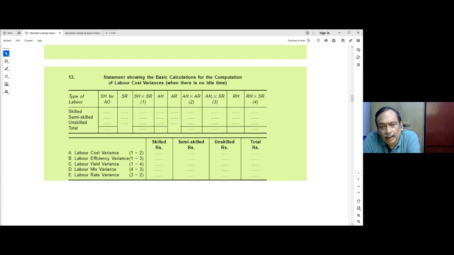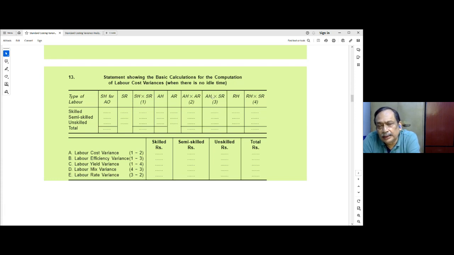Then labor efficiency variance, it is 1 minus 3, that is SH into SR minus AH into SR. Then we are having labor yield variance, and this labor yield variance is 1 minus 4, that is standard hours into standard rate minus revised hours into standard rate.